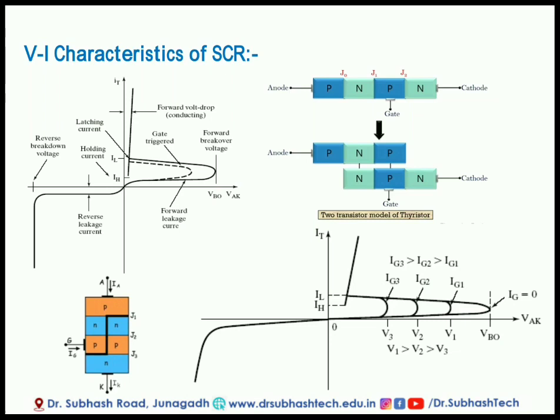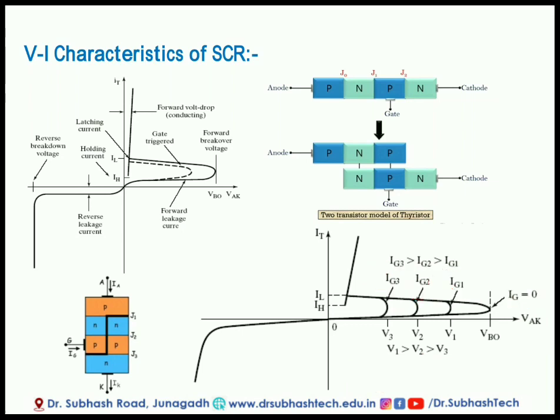Now in this figure we can see that whenever we apply some gate current Ig1, here Ig is equal to 0, means we have not applied any gate current, but if we apply gate current Ig1, then Ig2, then Ig3, as we increase the gate current, SCR becomes on earlier.